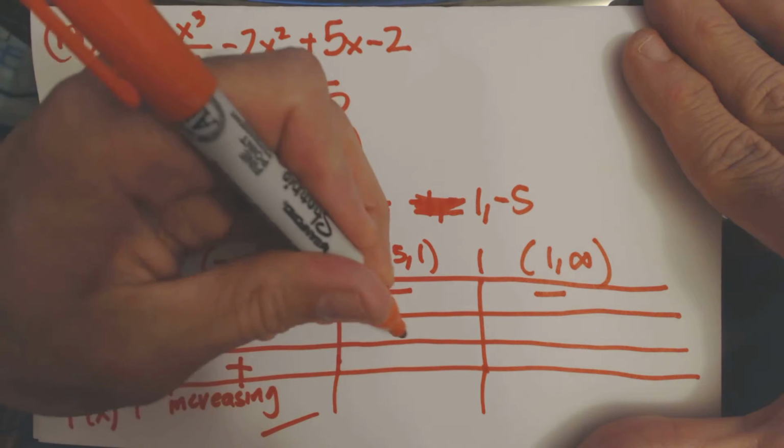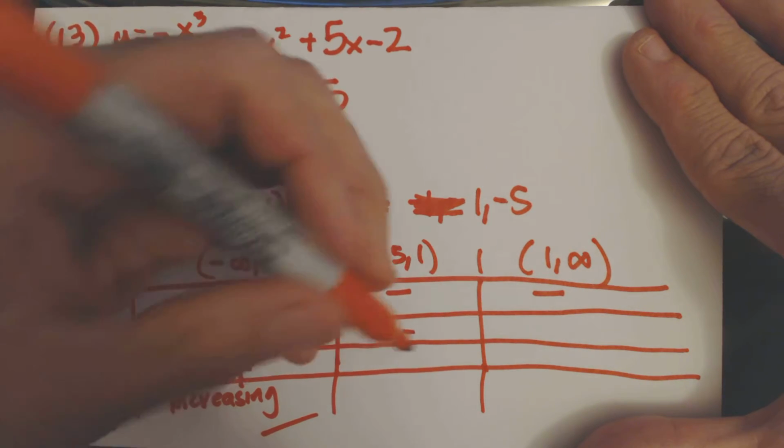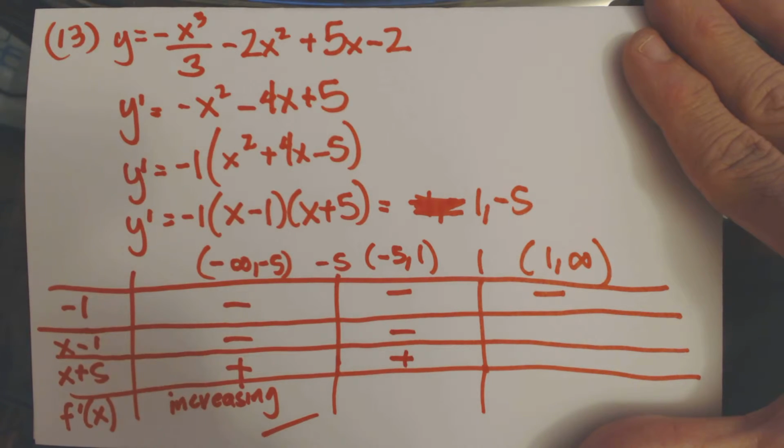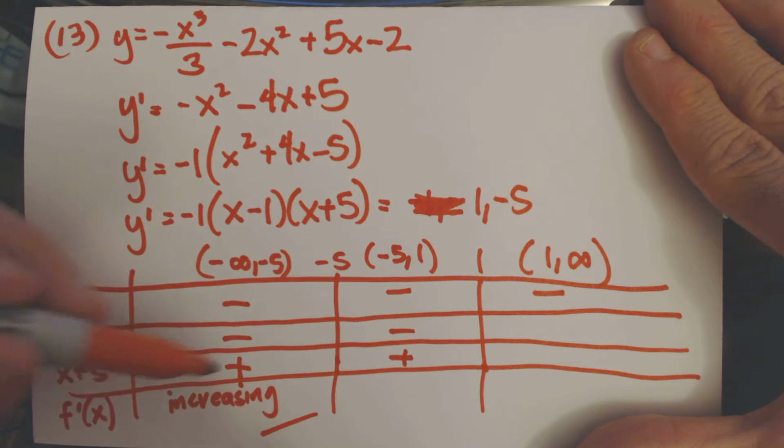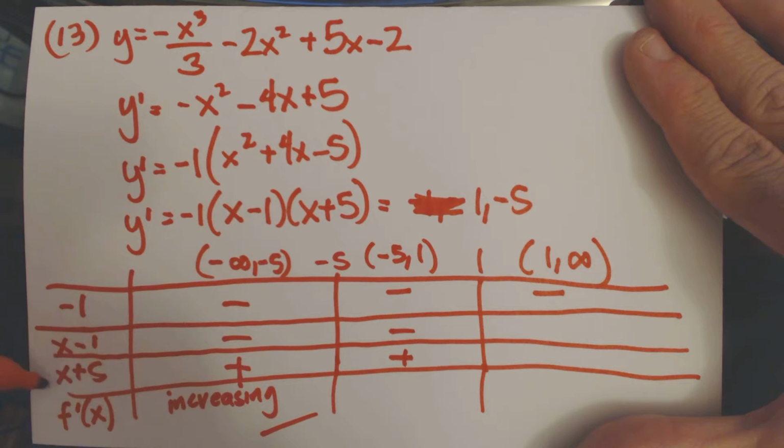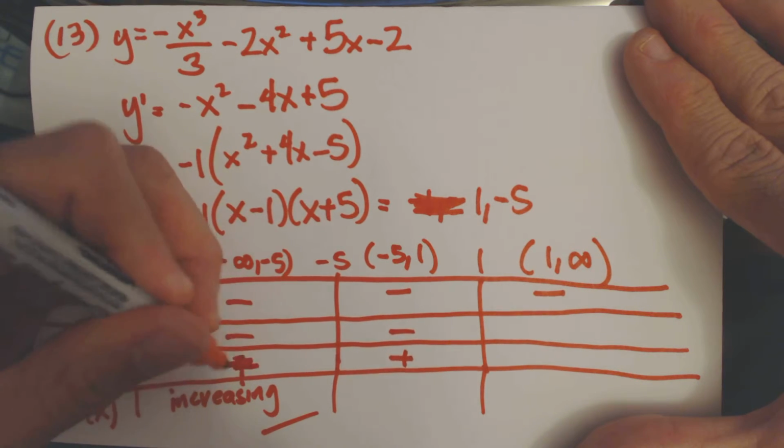All right, so now let's plug in 0 for this next interval. 0 minus 1 is negative. 0 plus 5 is positive. So we're going to get, you know what, I screwed up this first part. I should have plugged in negative 6. Okay, so negative 6, plugging into x minus 1, that's going to be negative. Negative 6 plus 5 is going to be negative as well.